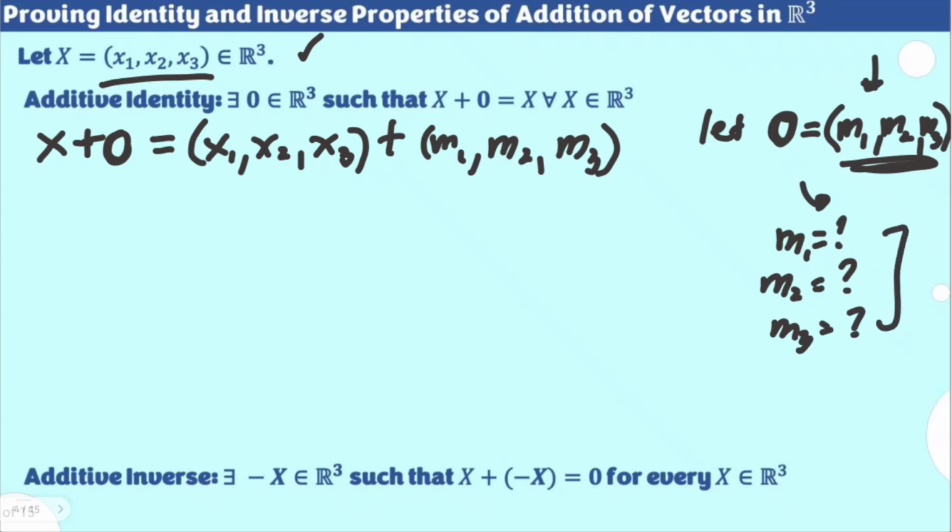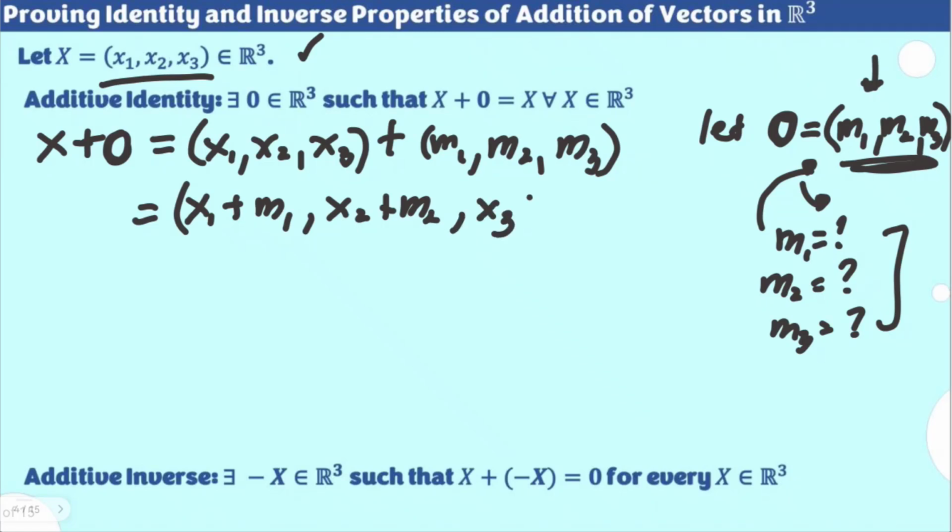If they exist and form a certain vector in R3, then that is our 0 vector, or the additive identity. When we add the components, we'll have x sub 1 plus m sub 1, x sub 2 plus m sub 2, and x sub 3 plus m sub 3. This is the sum of x and our 0 vector, presumably with components m sub 1, m sub 2, and m sub 3.